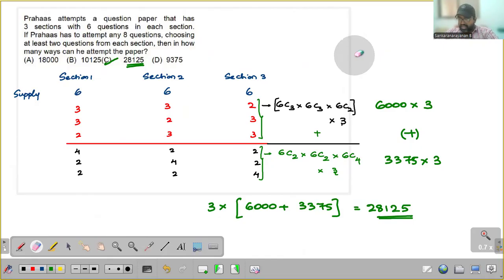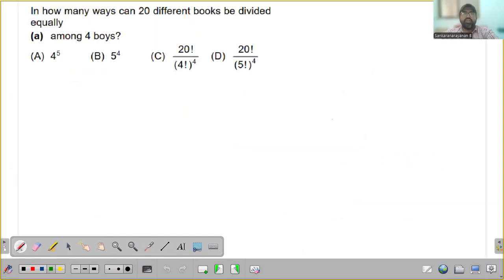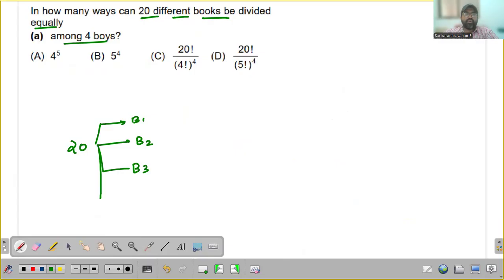Now let us go ahead with the next question. In how many ways can 20 different books be divided equally among 4 boys? So 20 books are there. Boy number 1, boy number 2, boy number 3, boy number 4.